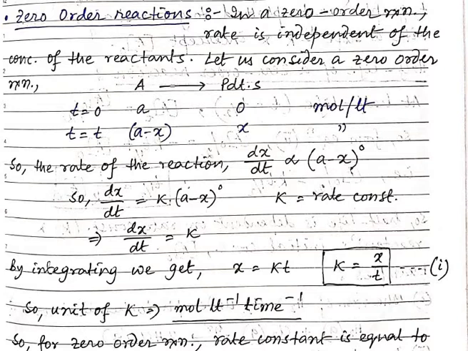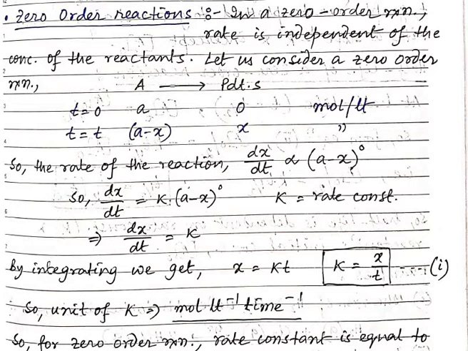Okay, so what is the rate actually? The unit of the rate is concentration divided by time, that is mole per liter per second. So the rate of the reaction, dx/dt, is proportional to a minus x whole to the power 0.